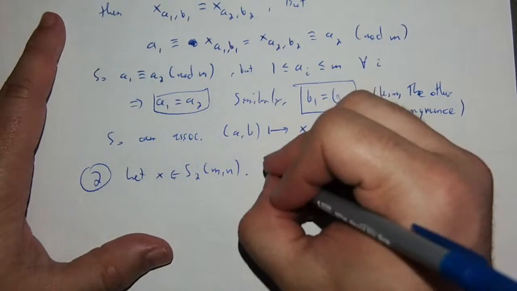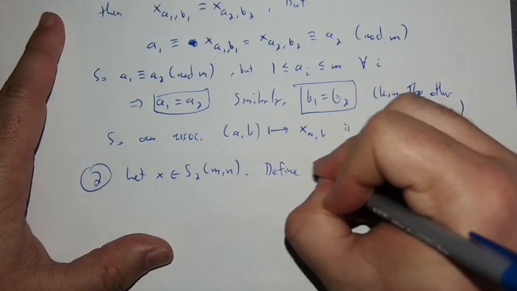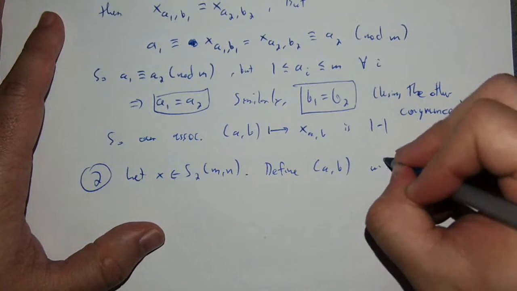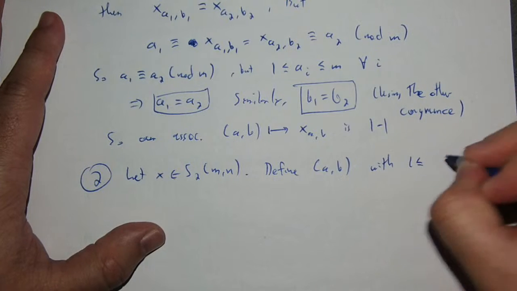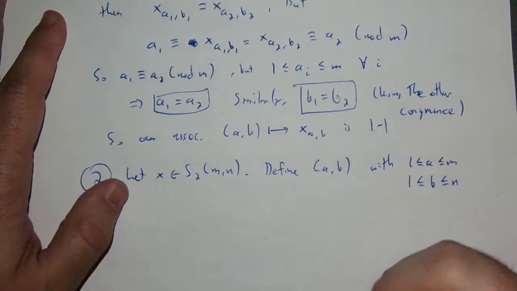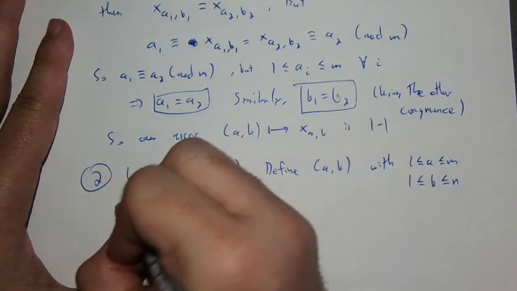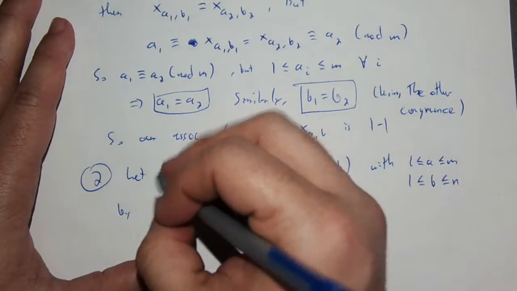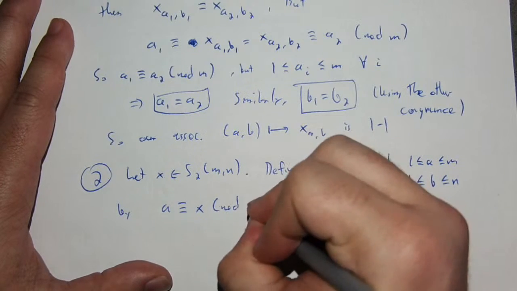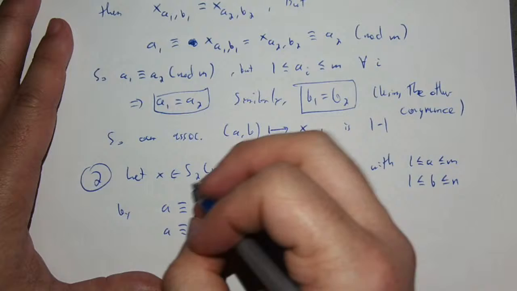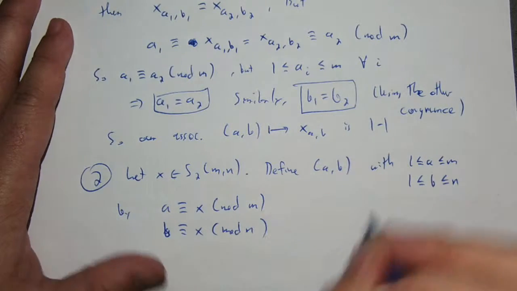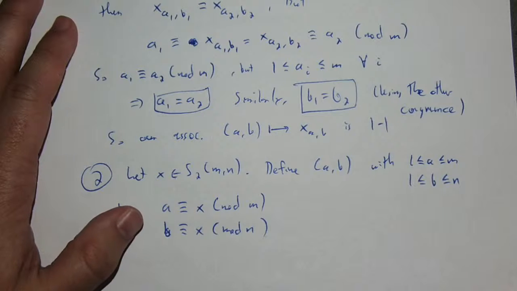Define the ordered pair (a, b) with a between 1 and m and b between 1 and n by a is congruent to x mod m, and b is congruent to x mod n.